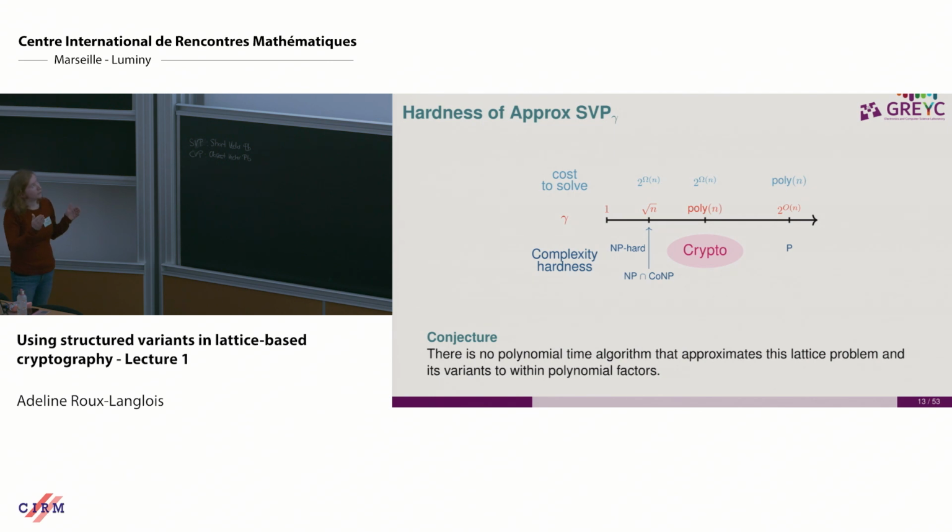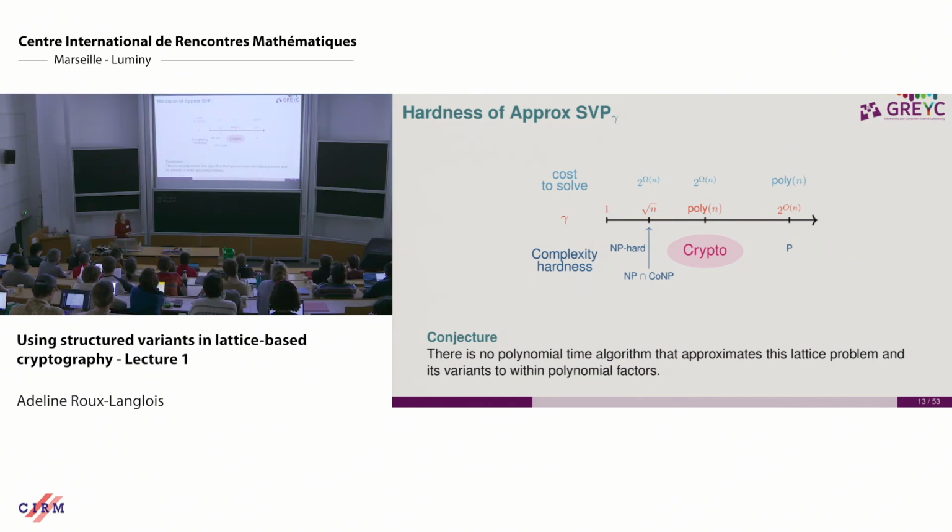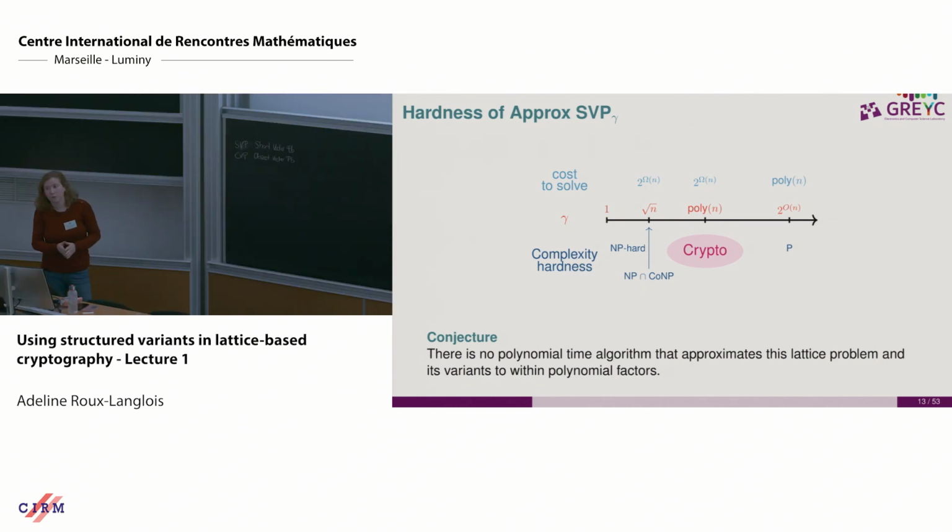So if you take the original SVP, CVP for gamma equal 1, those problems are shown to be NP hard. And they stay NP hard until gamma, which is, we will say, constant. When you arrive to gamma equal to square root of n, you are in NP intersect co-NP. And now you are quite sure it's not NP hard anymore, but it's still very, very hard to solve.